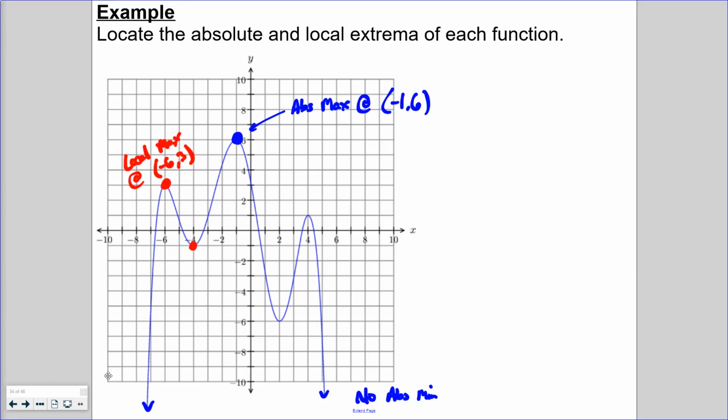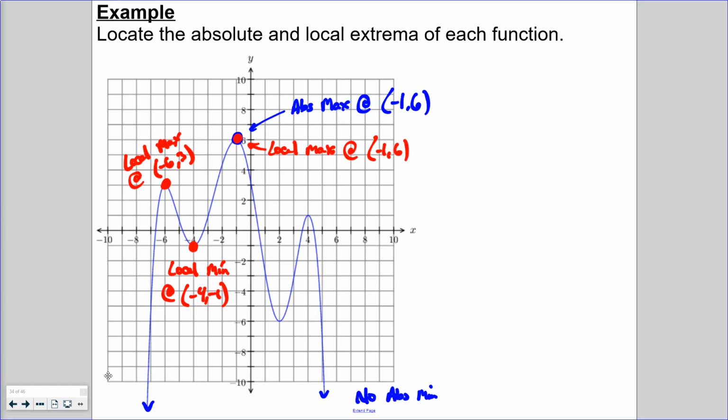We can then see that we have a valley right here, or a lower peak, so that means we would have a local minimum at the point -4, -1. Then we have a peak right here, and this would be a local max at -1, 6.